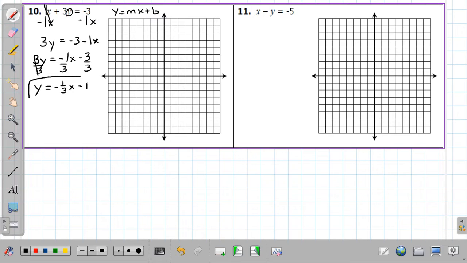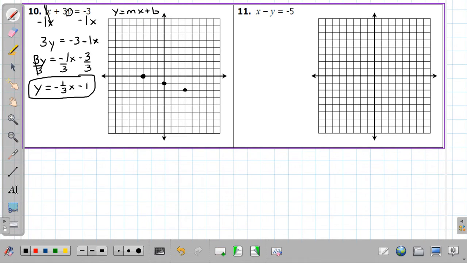Now that I have my equation in slope-intercept form, I can go and graph. The y-intercept is negative 1. I need to go up 1 and over 3. So if I go up 1, I have to go to the left 3. If I go down 1, then I have to go to the right 3. And I can keep making points this way.